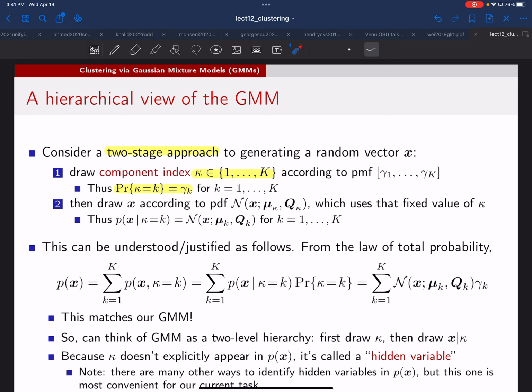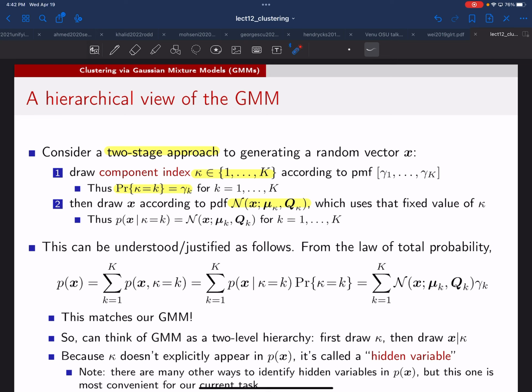Okay, and then the second step is also relatively straightforward. Given that it's coming from bin kappa, now the PDF is Gaussian with variable x, mean mu kappa, covariance Q kappa. There are pretty easy ways to generate Gaussians.